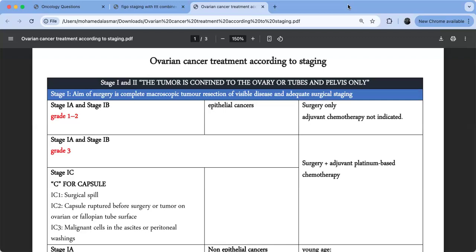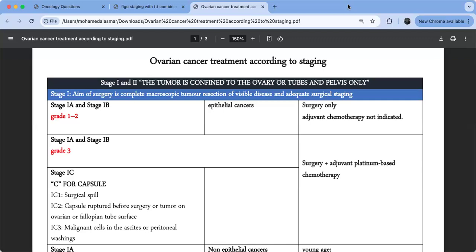No, no. Okay, so if it's early stage, I don't need therapy. Yes, actually, yes. Okay, good. So what about the story of grading in ovarian cancer? In ovarian cancer, things are more simple. They will either tell you that this is a high-grade tumor or a low-grade tumor, right?